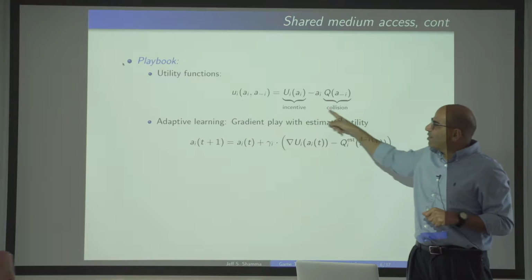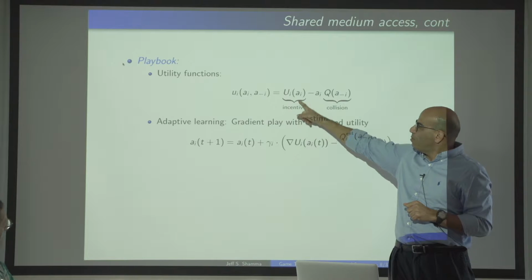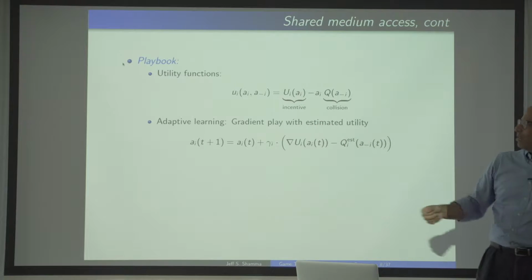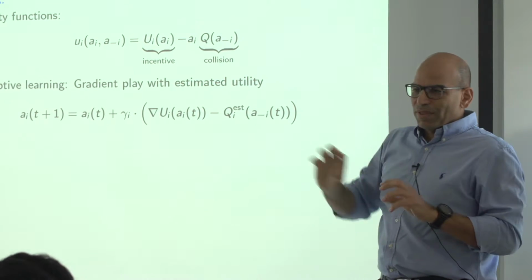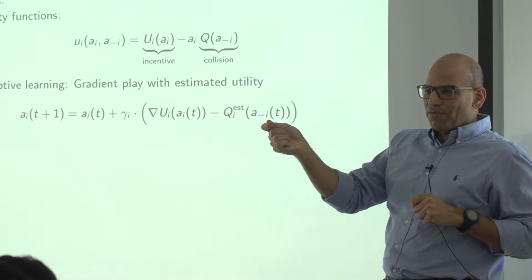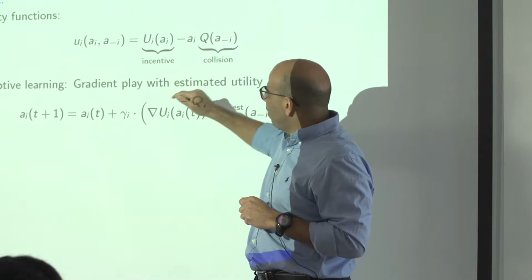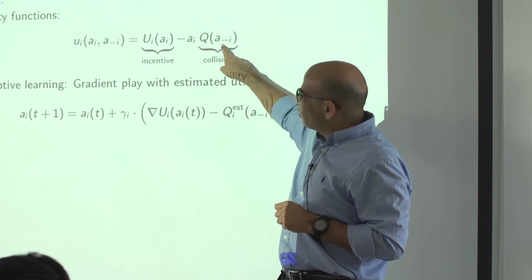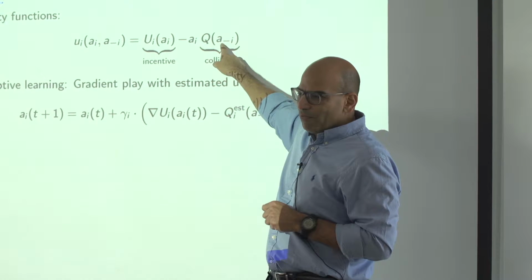First of all, they designed a utility function. The utility function has two parts. One part is to incentivize transmission. a_i is the probability of transmission. So you can think that, for the most part, bigger is better. There's some incentivization of transmission through this incentive function. This other part depends on my probability of transmission and the collective probability of transmission of everybody else.